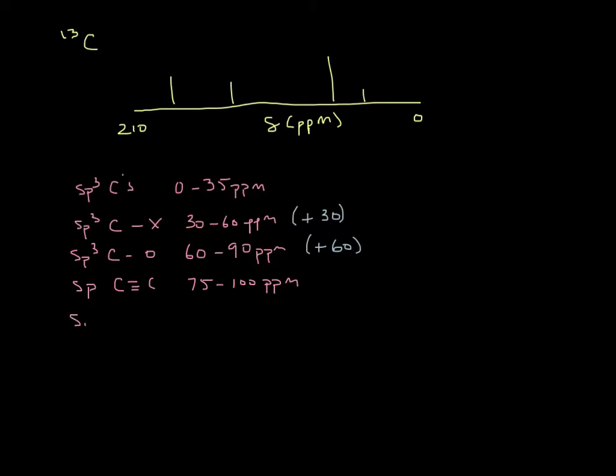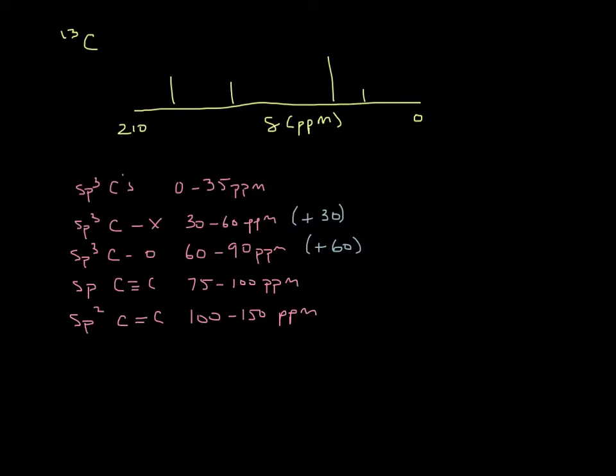Alright, sp2 carbons that are involved in carbon-carbon double bonds are going to be somewhere in the range of about 100 to 150 ppm. You may remember that sp2 CHs were somewhere in the range of about 5 to 6. These are about 100 to 150. And that's the same whether they are in just a normal carbon-carbon double bond or in one of the double bonds that's part of a benzene ring.